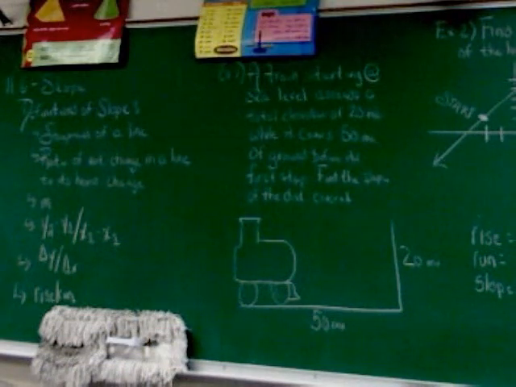Y sub 2 minus Y sub 1 over x sub 2 minus x sub 1 is how we find slope given 2 points. Delta y over delta x. Delta just simply means change in. And probably the most common definition of slope, rise over run.